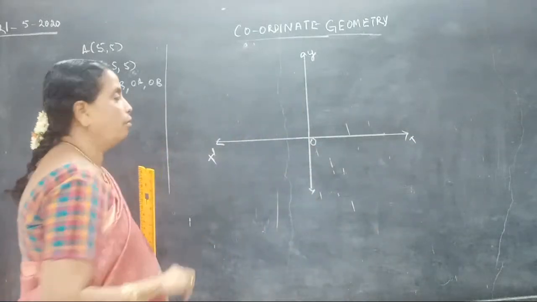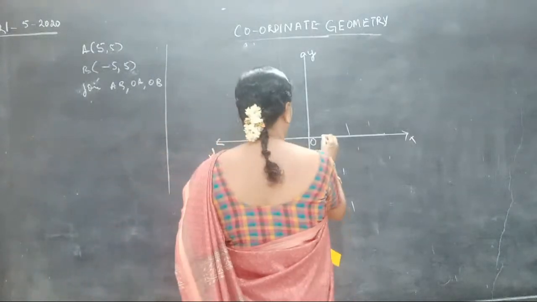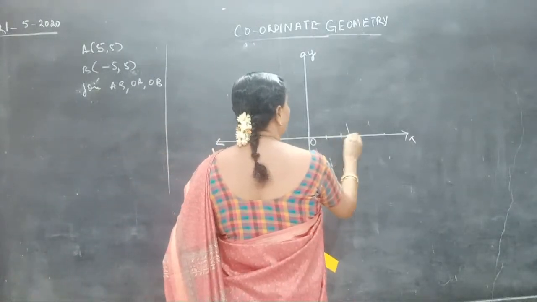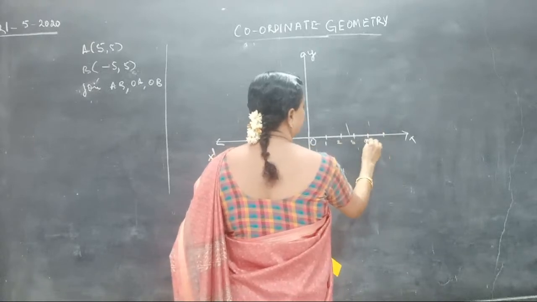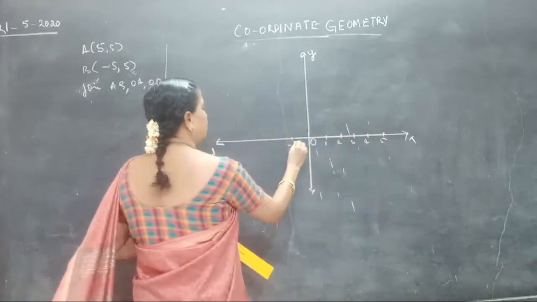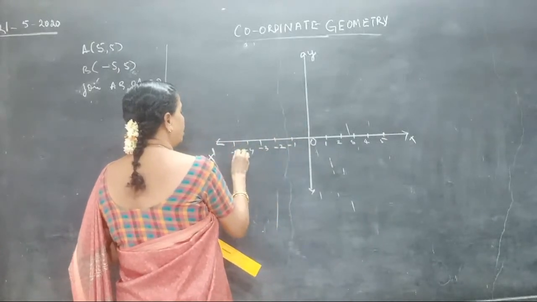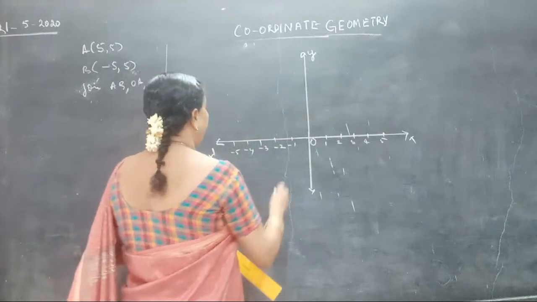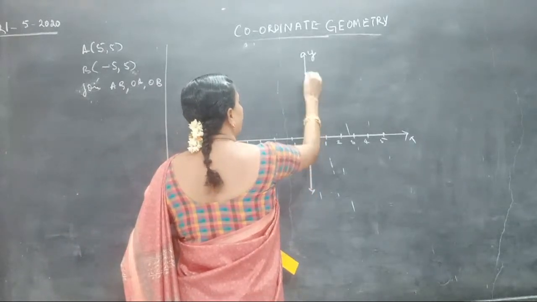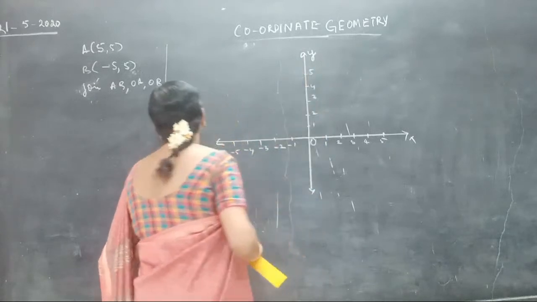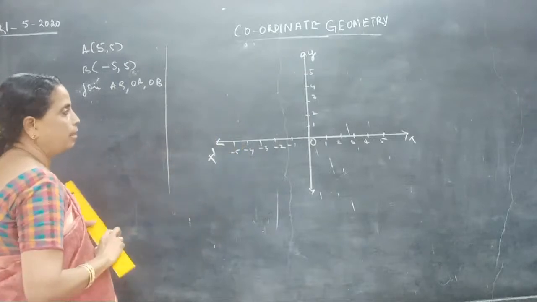Okay. So now with the marking you will have to plot the points: plus 1, 2, 3, 4, 5, then minus 1, minus 2, minus 3, minus 4, minus 5, and then here 1, 2, 3, 4, 5. There is no negative y-axis, just this much only.